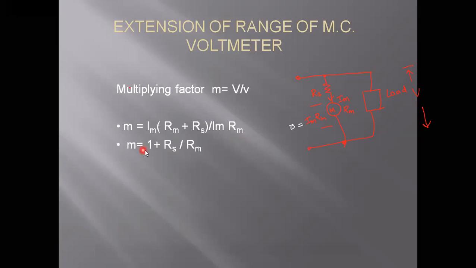From this, I'll get M is equal to 1 plus Rs by Rm. In this, if I solve for Rs, the multiplier or series resistance is equal to (M minus 1) into Rm. Take 1 to the other side, also take Rm to the other side. We will be coming up to this value.